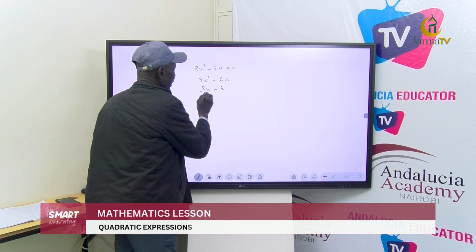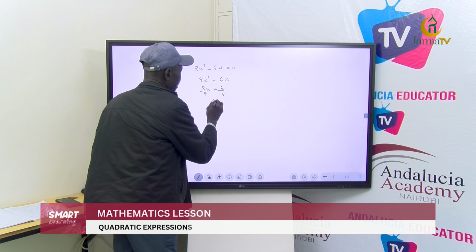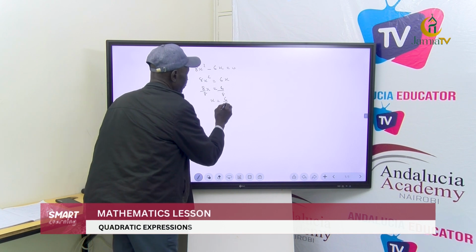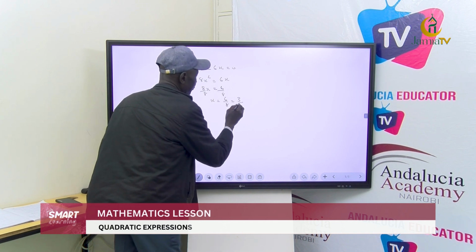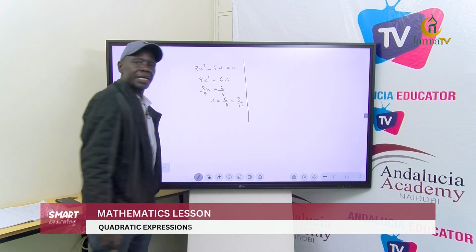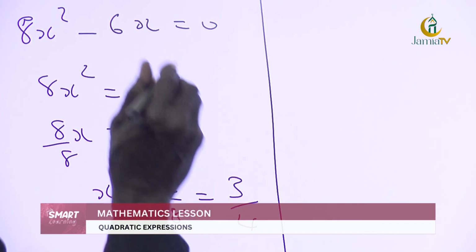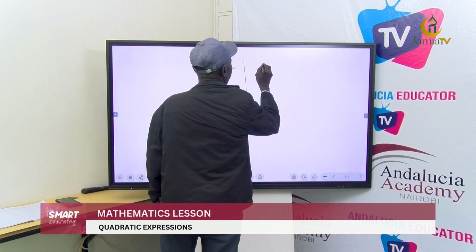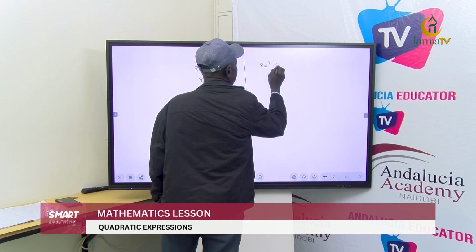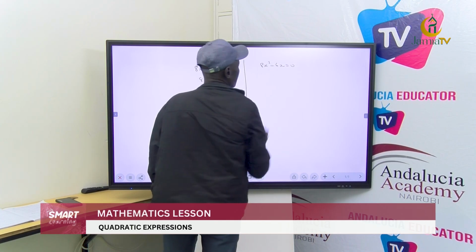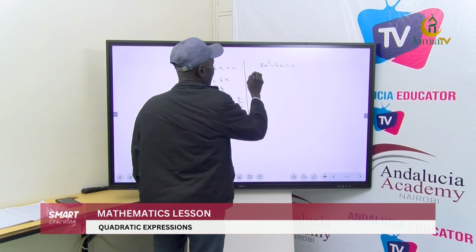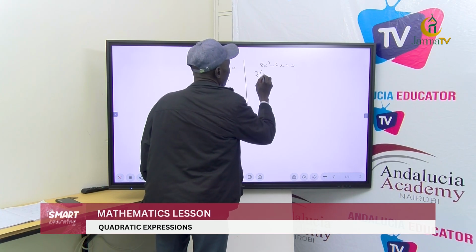Then divide by 8, my x equals to 6 over 8, which is the same as 3 over 4. This is partially correct, but you have missed something. Because if you had factorized, you'll say 8x squared minus 6x equals to 0. Now, 2 is a common factor. I'm going to have 4.